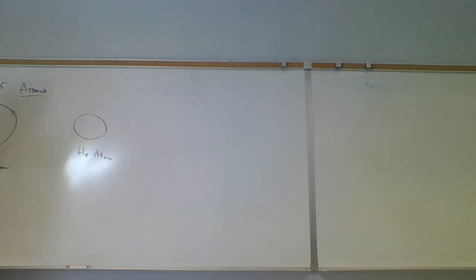Well, one obvious difference is the size. The size of the atoms are different. Helium is a smaller atom. But in addition to the size, the weight is going to be different. The helium atom weighs a different amount than a hydrogen atom.